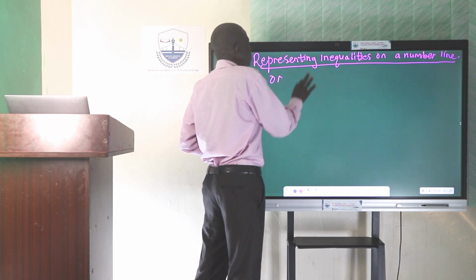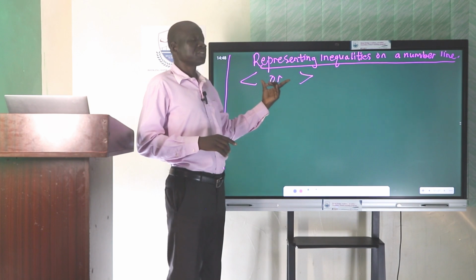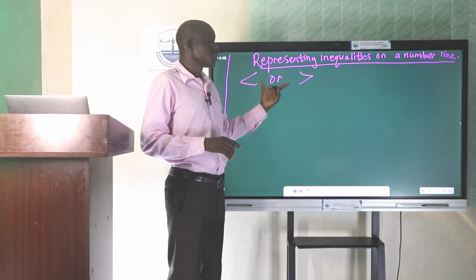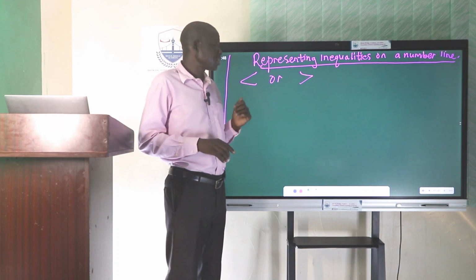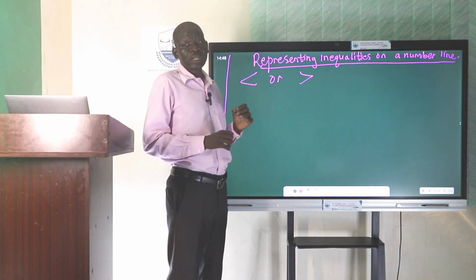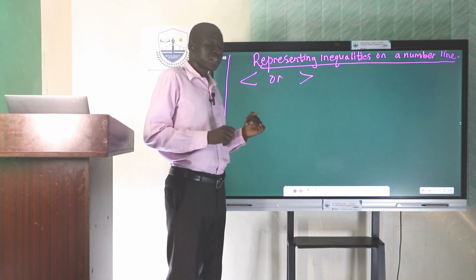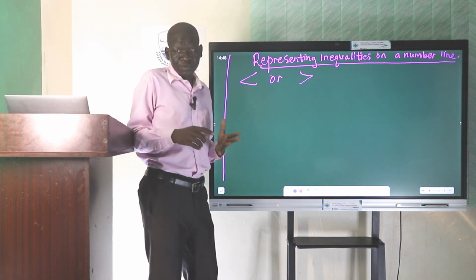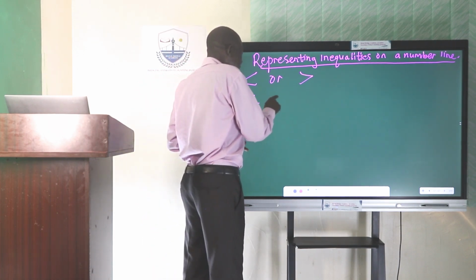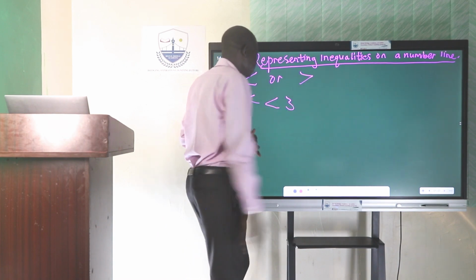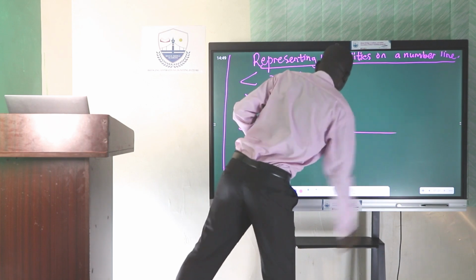So when we have the less than sign or the greater than sign and we are representing the inequality on the number line, we start by drawing an open circle, or an empty circle, where the figure starts from. Like if you have x is less than 3, you simply draw a number line.